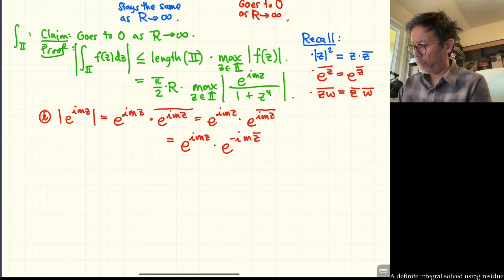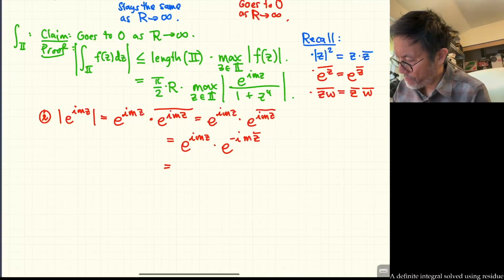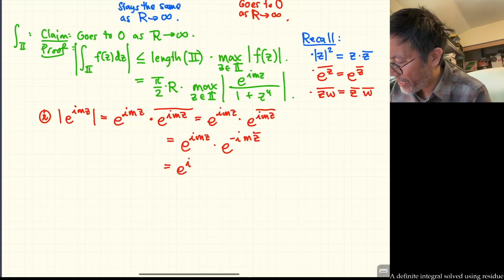Great. Now this is equal to, by rules of exponents, e to the i m times z minus z bar.